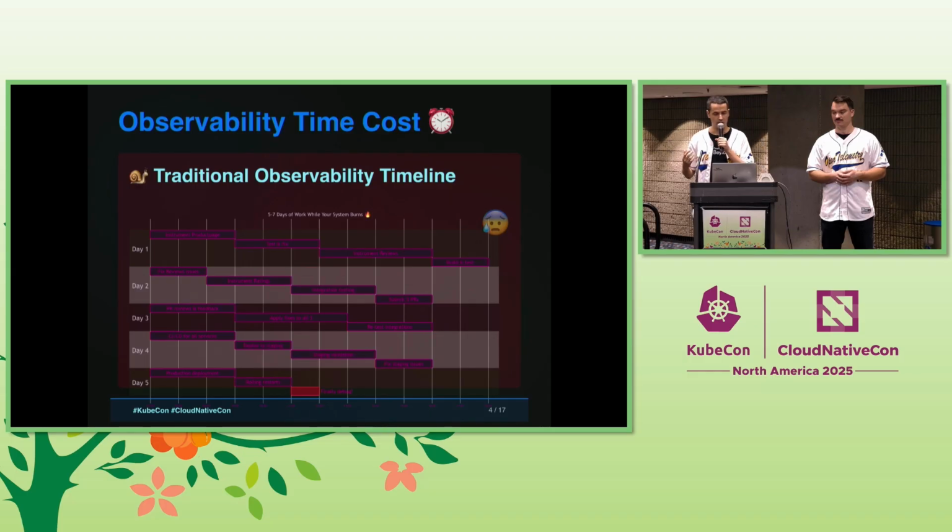This is fine if you have time and an instrumentation strategy to implement in your application, but maybe during your incident, if you haven't finished this process, you don't have that time.